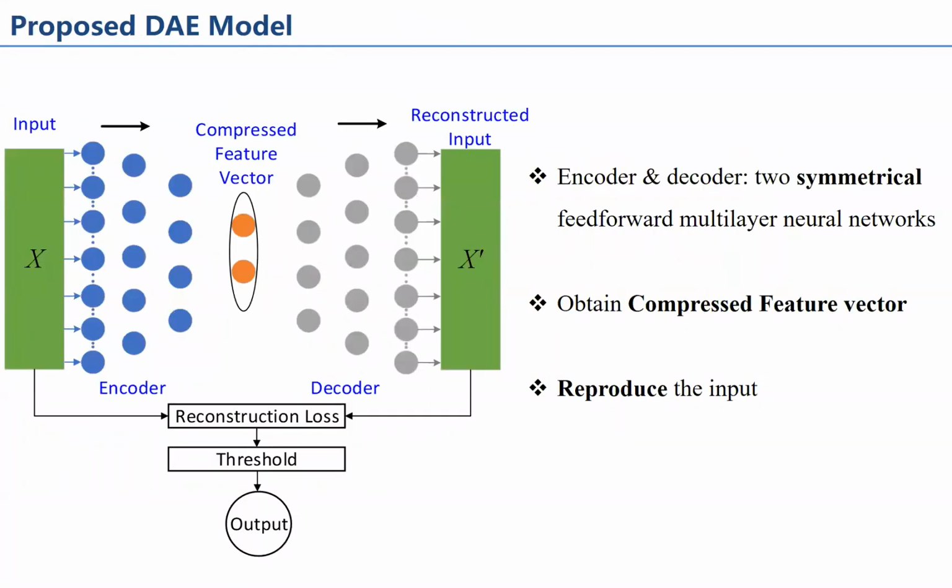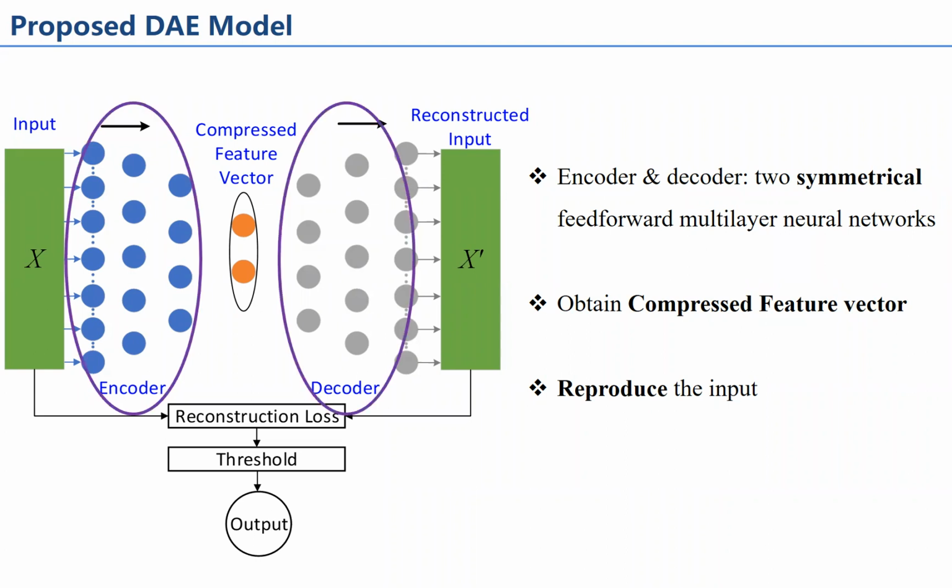In this study, we developed a deep autoencoder-based semi-supervised machine learning method for in-vehicle CAN bus network anomaly detection. The framework is illustrated in this figure on the left. The proposed deep autoencoder is composed of the encoder part and the decoder part, which are two symmetrical feed-forward multi-layer neural networks.